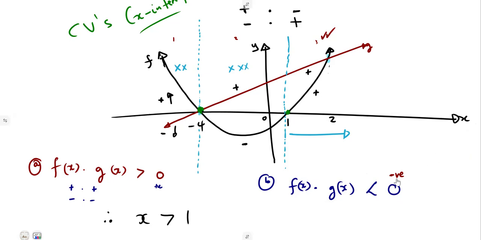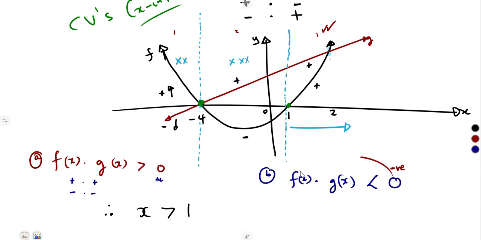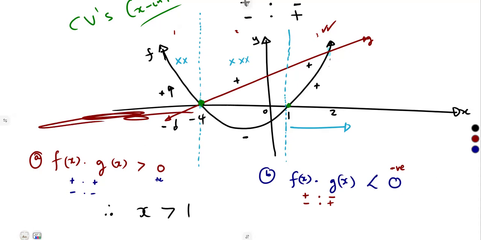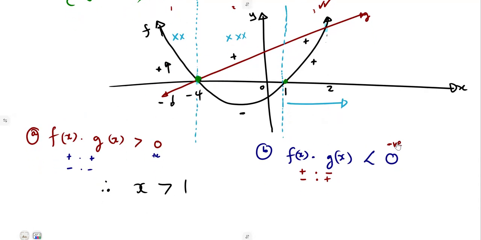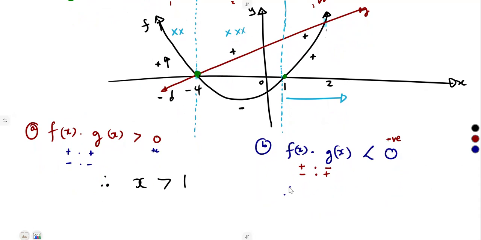That is where those two conditions that failed here will satisfy this one, because one has to be positive and another a negative to get a negative. And this is exactly what happened in the first region, for values that are less than -4 to the left. F is positive where G is negative. So this time it satisfies this inequality and would be part of our solution.